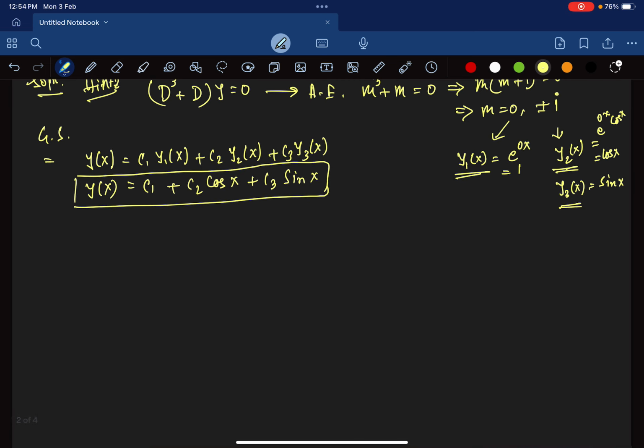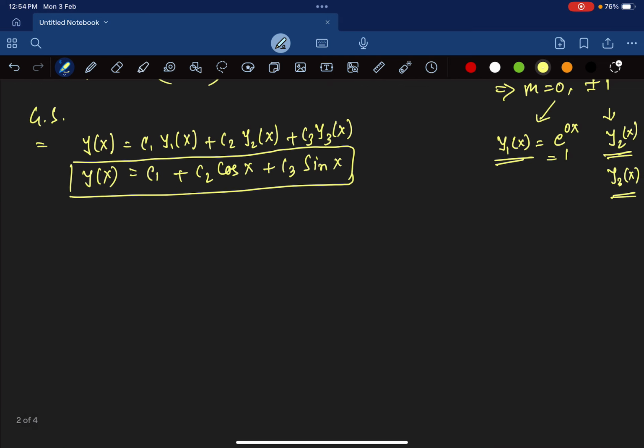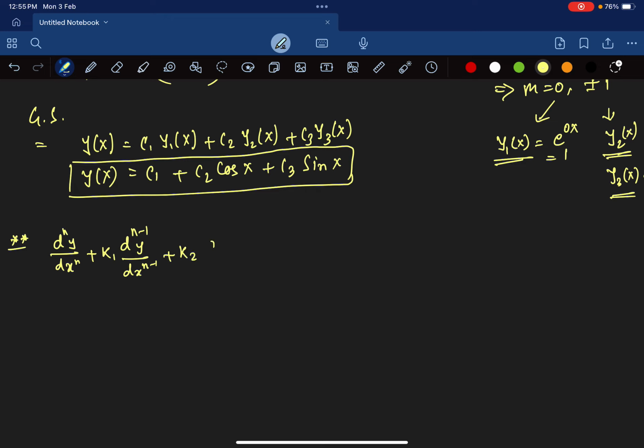In that case, first you can write down the general form. Suppose this nth order equation: d^n y/dx^n + k1 d^(n-1) y/dx^(n-1) + k2 d^(n-2) y/dx^(n-2) + and so on up to kn y = 0, which means you have the homogeneous.